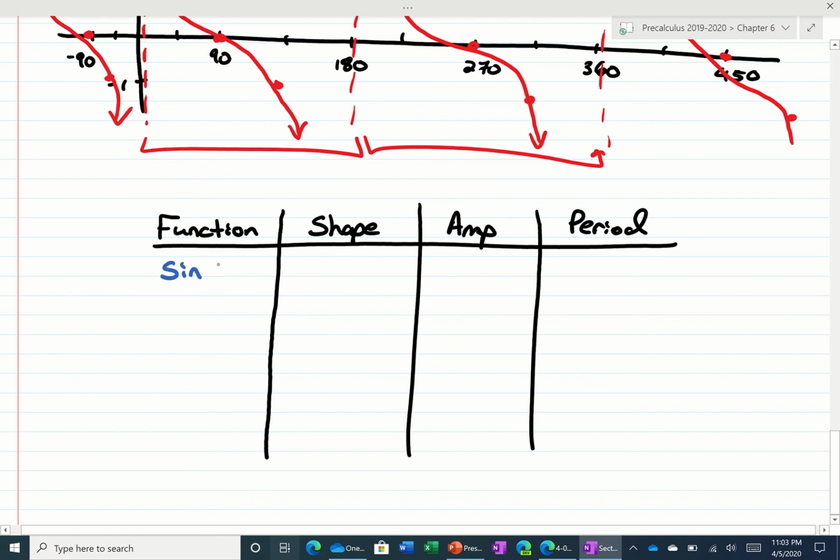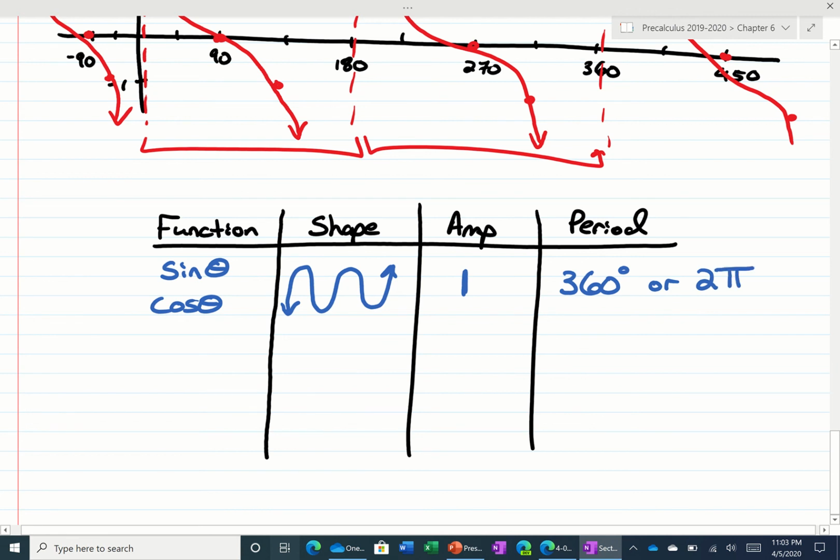So sine and cosine looked like a wave. The way that you graph them is you pick points, type it into your calculator, plot the points, and connect the dots. The amplitude for those functions is 1, and the period is 360 degrees, or 2 pi if we're thinking about doing radians.